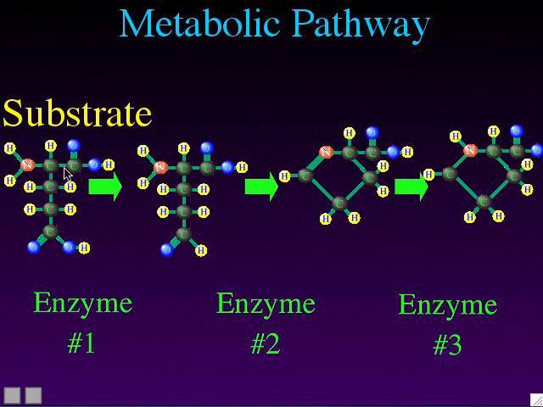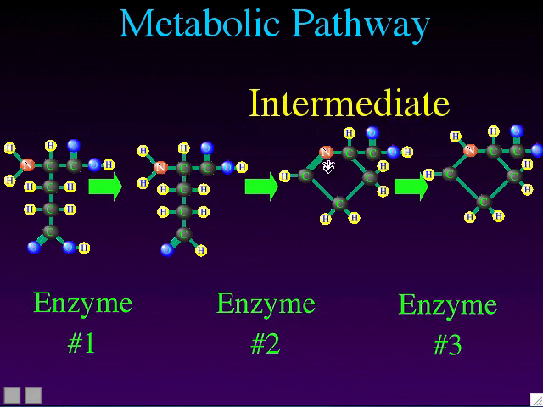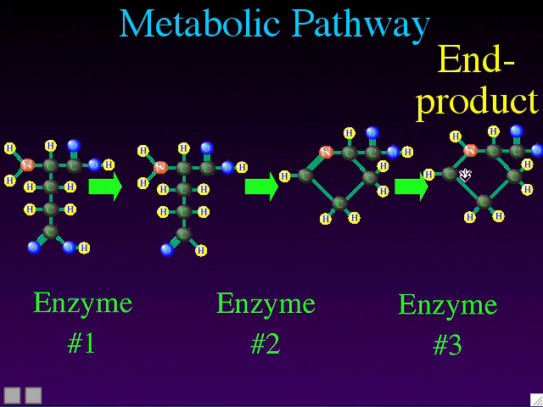But now we're saying the first molecule that enters the entire metabolic pathway is the substrate of the metabolic pathway. The molecules that are within the pathway, like this molecule here, are called intermediates of the metabolic pathway. So this molecule is an intermediate, and likewise, this molecule is an intermediate of the metabolic pathway. The final molecule, the molecule that comes out of the metabolic pathway, is called the end product of the metabolic pathway.